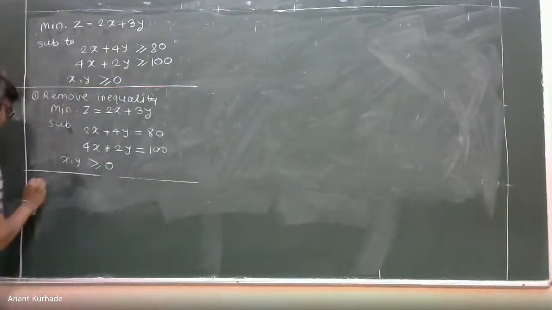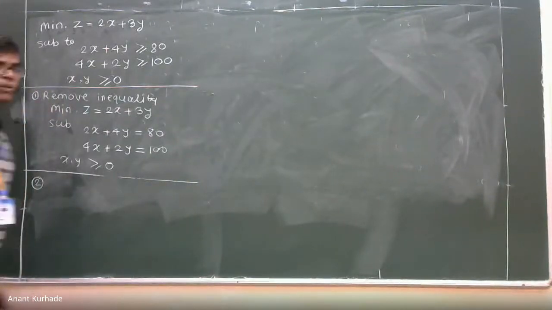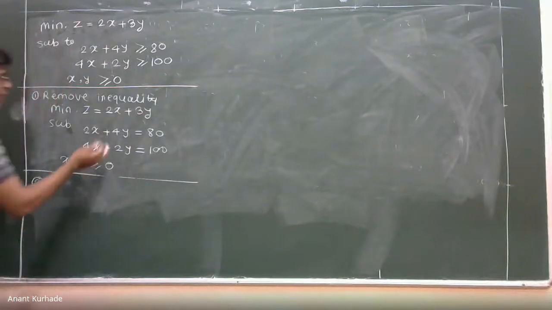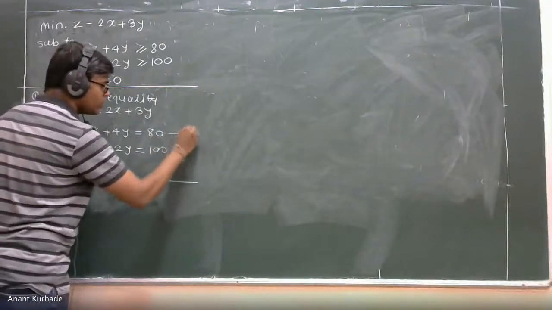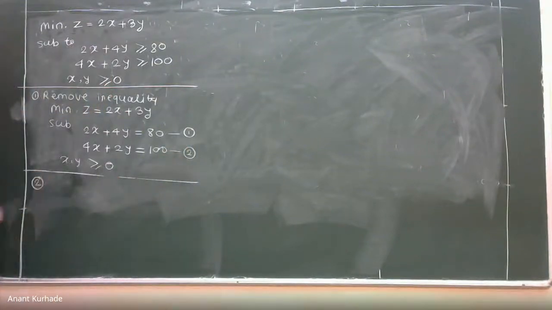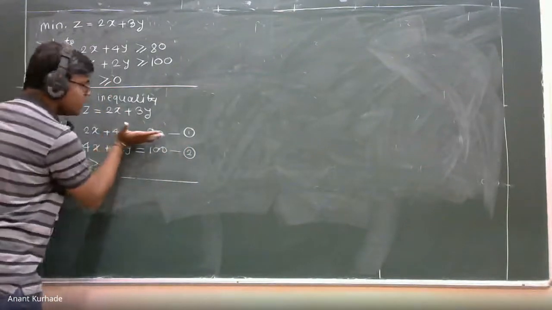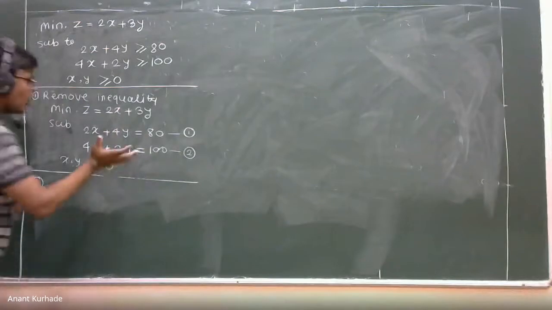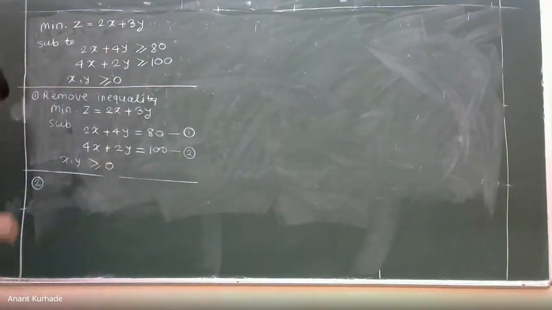Now the second step. We have two constraints; number them 1 and 2. We have to find the coordinates for the first constraint and the second constraint, as we already discussed.